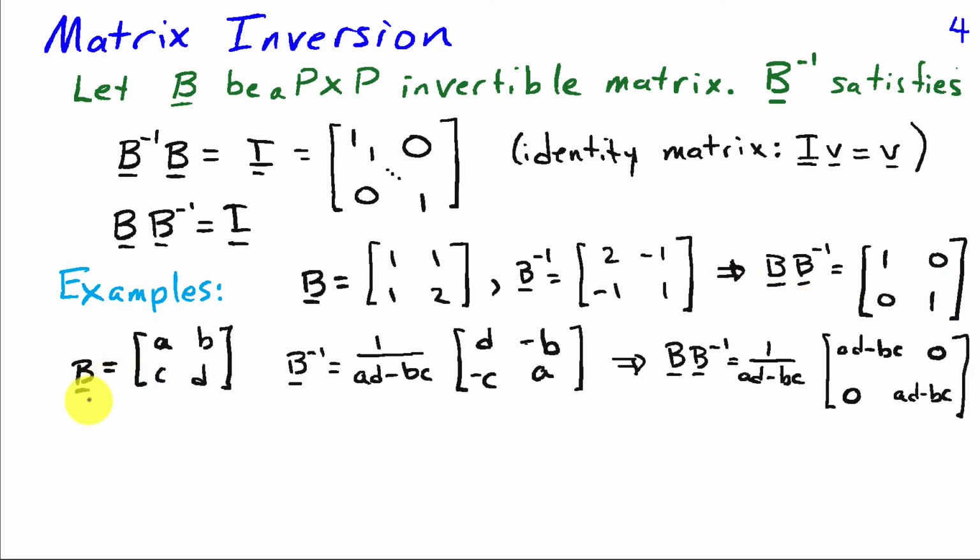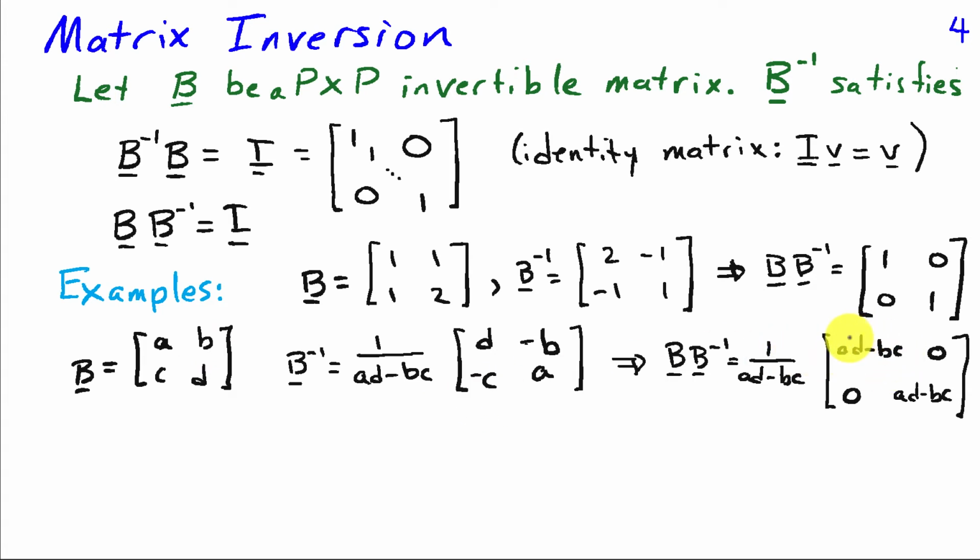In general, if we have a 2 by 2 matrix with entries a, b, c, d, you can show that B inverse is 1 over ad minus bc times the matrix d, minus b, minus c, and a. And you can verify this by multiplying B times B inverse: a times d plus b times minus c.